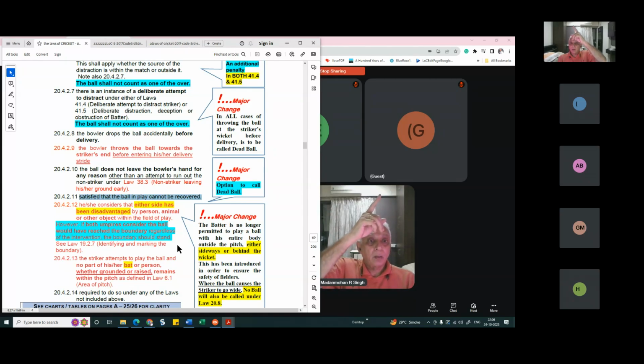It has got stuck on a tree which has not been decided as a boundary. Who will climb up there? In the meantime, they'll run 30 runs. But if you feel it cannot be recovered, you call dead ball immediately. Whatever runs have been run up to that time will be allowed.